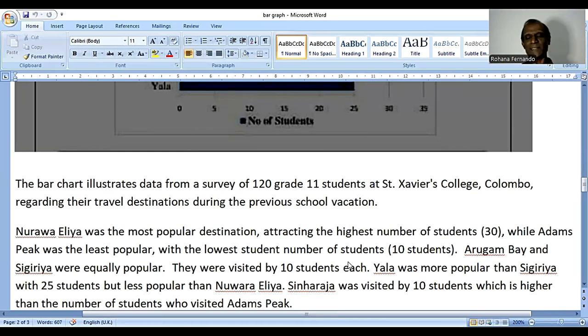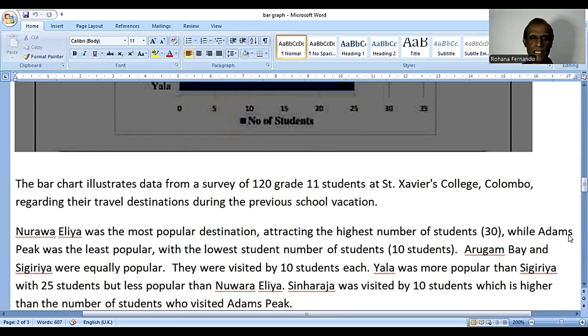So that's another easy way of giving figures. That is, you can use the figures within the brackets. So I think teachers can teach the students this bracket method also. It's very easy, the highest number of students (30).